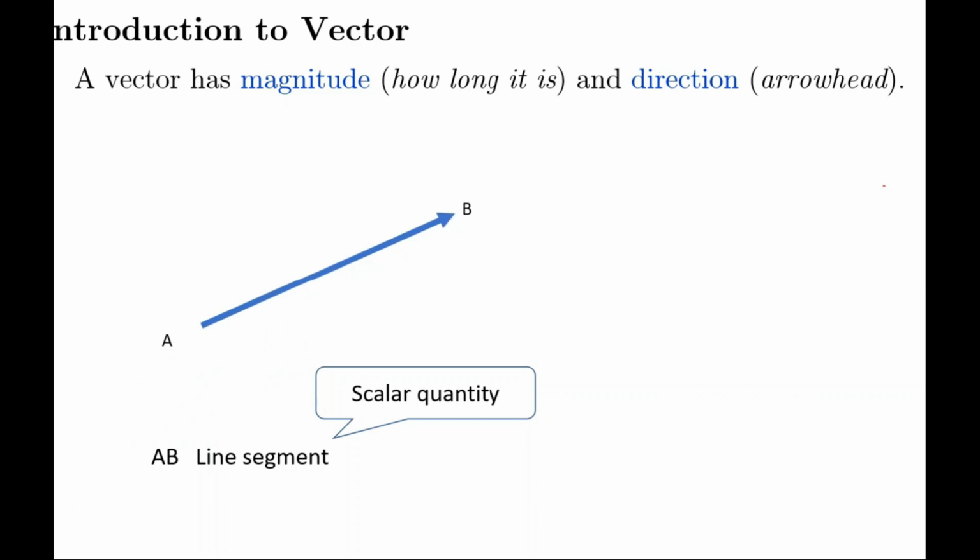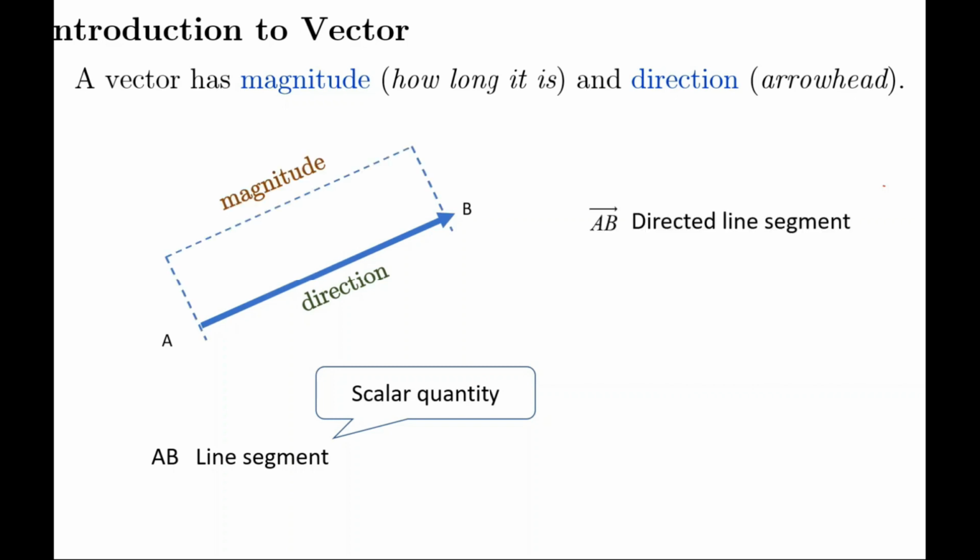But when we put the direction from A to B, and also we have the magnitude, AB with an arrowhead, we call it a directed line segment.